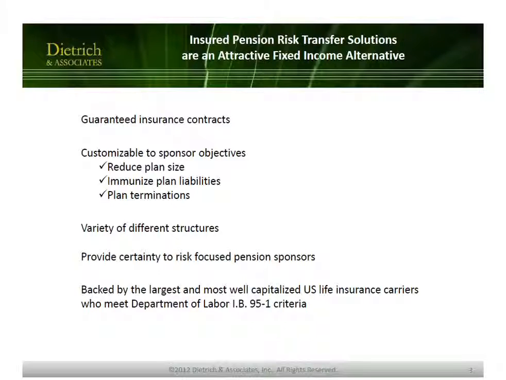Other things that come to mind, we're seeing new separate account structures come into the market, so there are new forms of credit protection other than just the general account. Liquidation provisions: some of the contracts in the market today are not complete lockups, and they do have liquidity provisions, so evaluating and understanding those provisions is also very important. Thinking about the insurer's credit profile, and how that compares to the plan sponsor's credit profile.